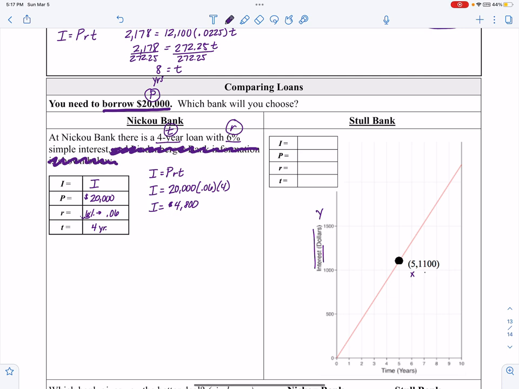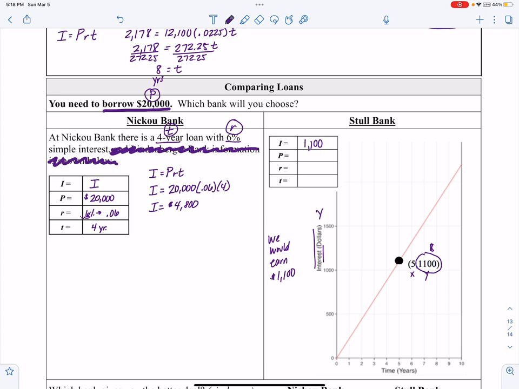This is our x coordinate point and our y point for this ordered pair. And so we actually already know that the y amount, this is actually the money of interest in dollars, is $1,100. Okay, and so our interest amount that we would get from the Stahl Bank, we would earn $1,100 from the Stahl Bank.